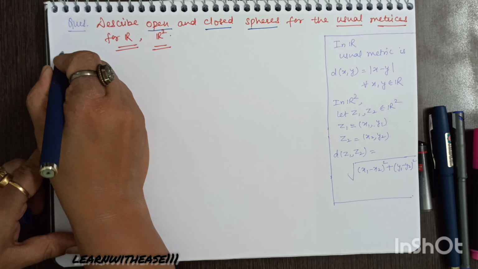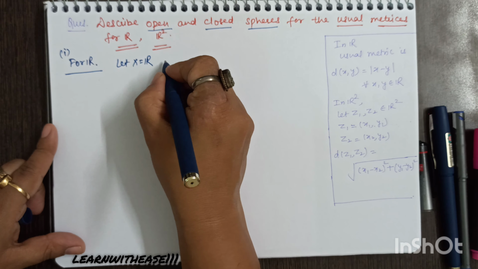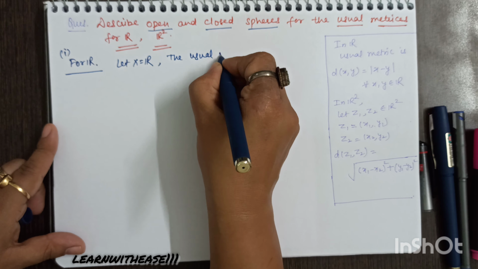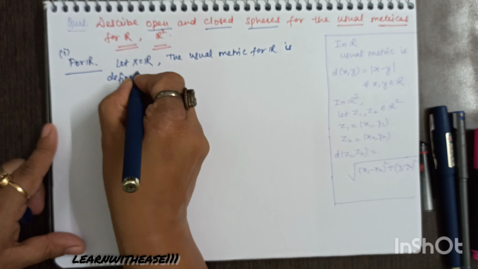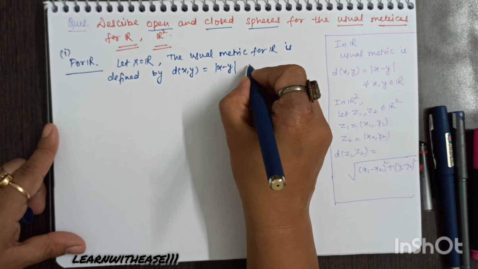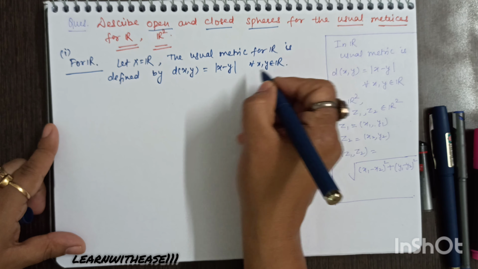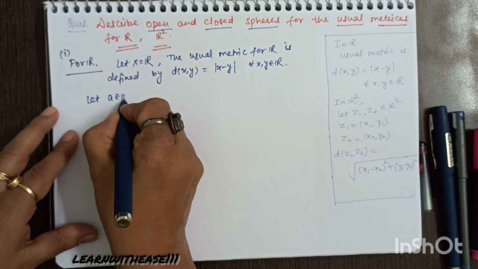So under these metrics we'll be discussing the open and closed spheres. So in the first case, let X equal R with the usual metric, I'm writing it again because it was not visible with that pen, I noticed it later, defined by d(x, y) equals modulus of x minus y for all x and y belonging to R.